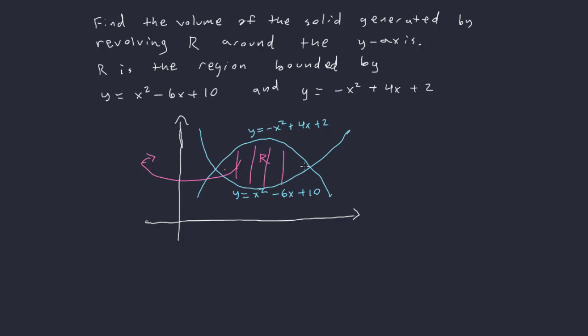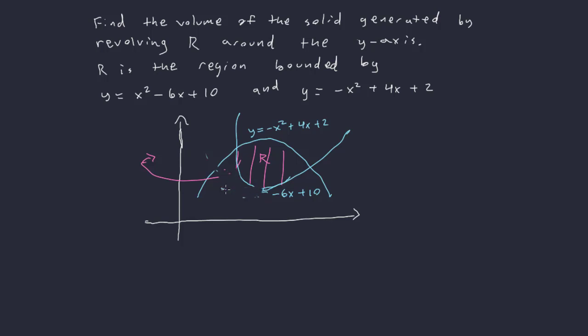two separate integrals. And actually, I didn't really draw this to scale because if you look at the graph of these, it's not actually balanced this well. So it might actually look something like this instead.